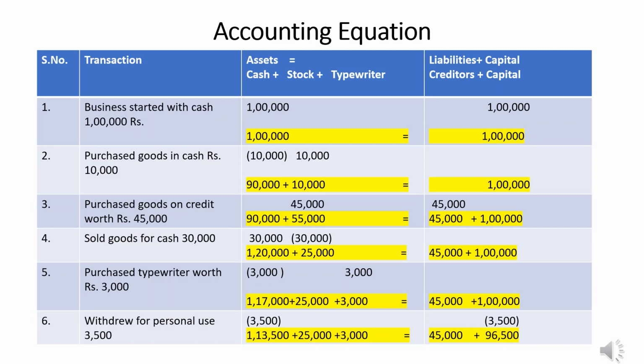So 3,500 आप reduce करेंगे from the capital. So the new capital balance will be 96,500. So again you can see that after the last transaction, accounting equation is still justified. That means assets is equal to liabilities plus capital.